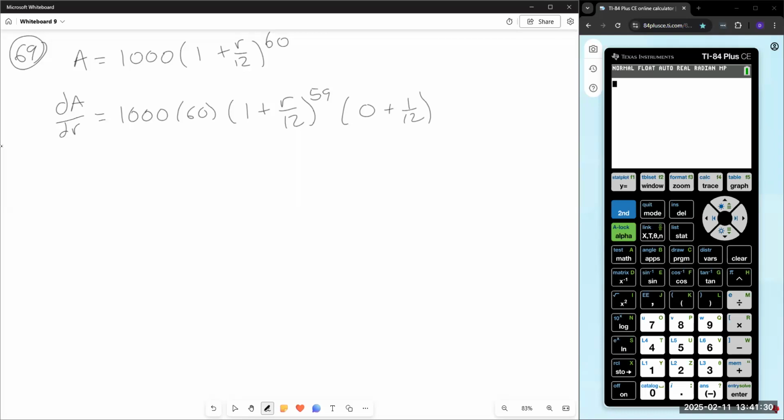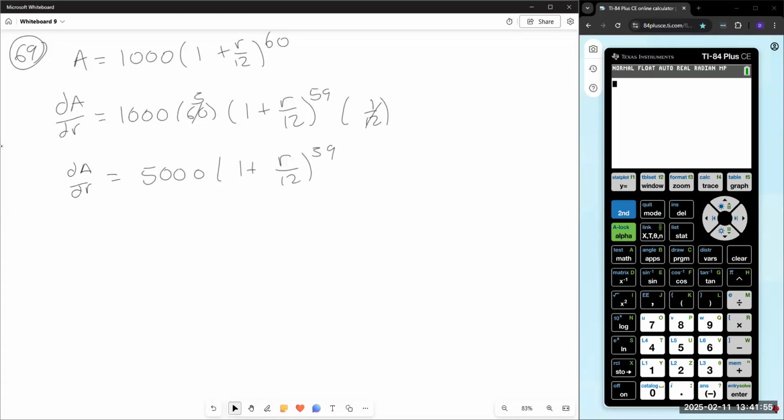Let's clean that up a bit. 12 goes into 60 5 times. 5 times 1,000 is 5,000, times 1 plus R over 12 to the 59th power.